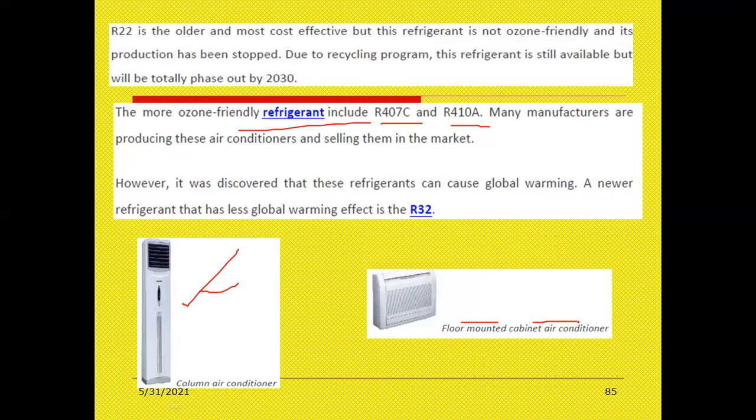By the physical configuration we can say that it is mounted on the floor. Some people use this type of column air conditioning system, which is run by VCR.